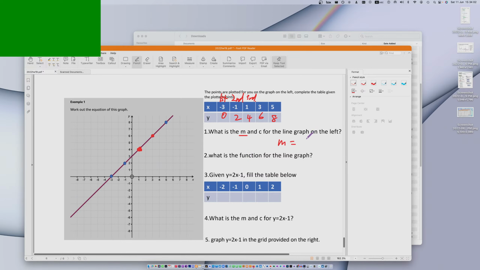y1 minus y2, right? x1 minus x2, right? Okay, by the way, one of my students, she wrote like this. What's the difference between these two formula? Any difference?